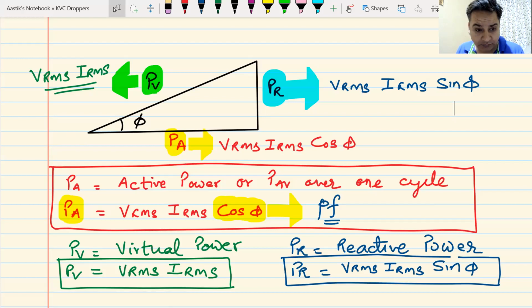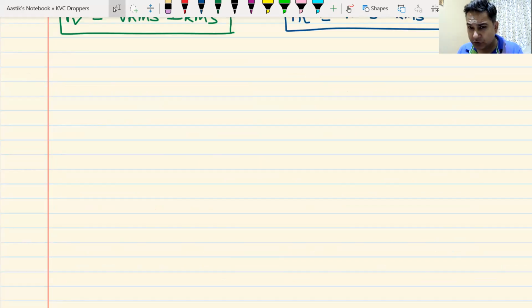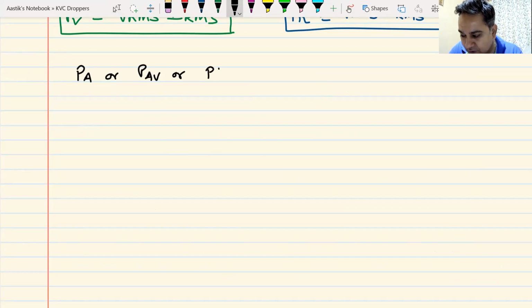Now, what we are going to do is concentrate much on the average power or the active power, PA or P average. You can write it like this, or like this. It doesn't matter, it is one and the same thing.